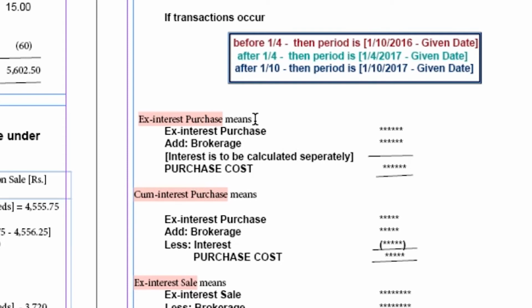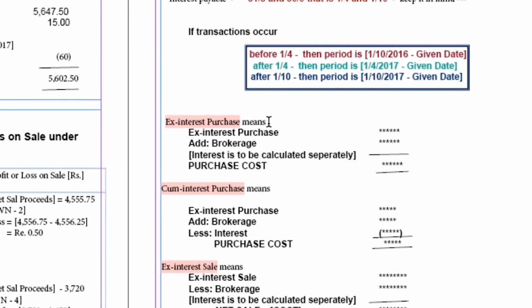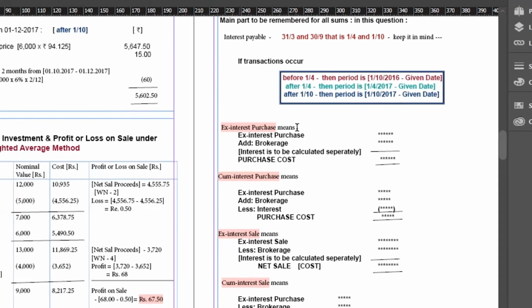I can't cross 1/10 because there are two dates, 1st April and 1st October. Therefore, 1st October is coming first and then 1st April comes on. Therefore, we have to consider 1st October in this situation.